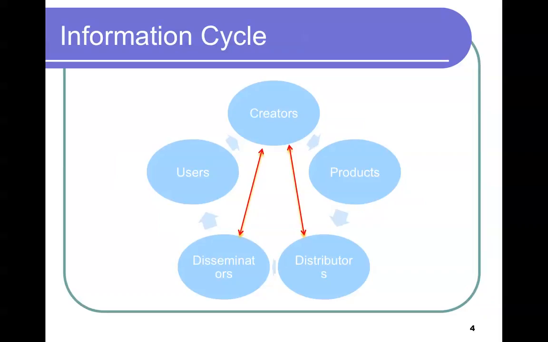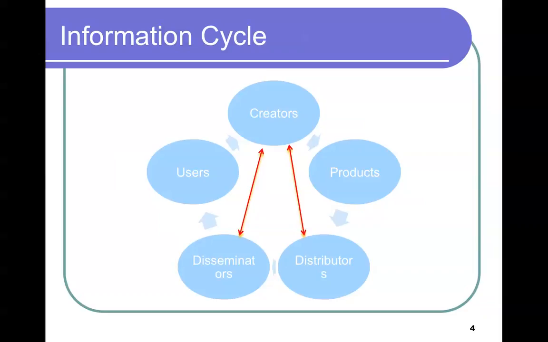In different forms, it can be a book, an article, a newsletter, or a database, journal, or periodical database. Then the product can be distributed either by a distributor or by disseminators.